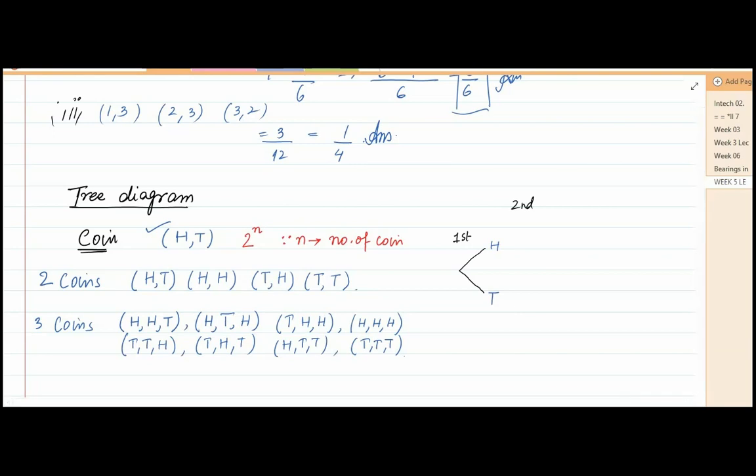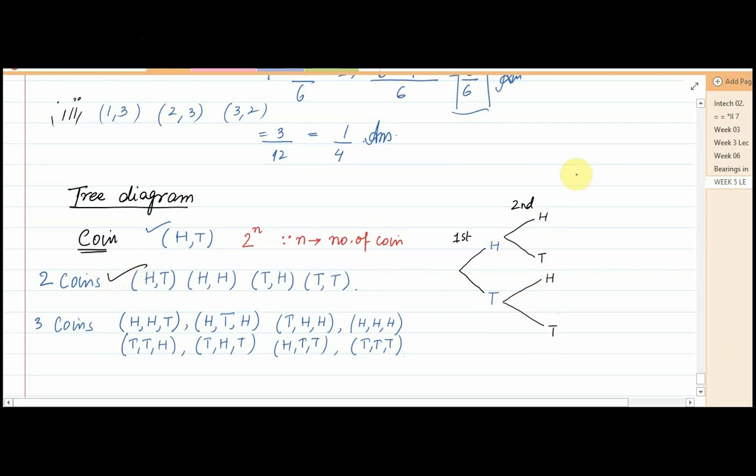After head, you can get either head or tail. Similarly, if you got tail first, then after tail you will get head or tail. That is your second coin.